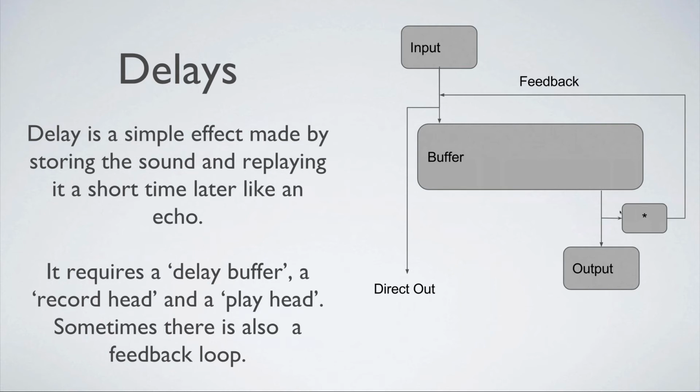Because if we have the same sound or a greater sound, we're going to end up with the buffer being full of sound that is amplified and then re-amplifying that same sound. So we want to avoid that, so we make sure that we multiply by a lower value. Then that goes back into the buffer and it's fed back over and over again, and we get an infinite loop. That can be quite fun.